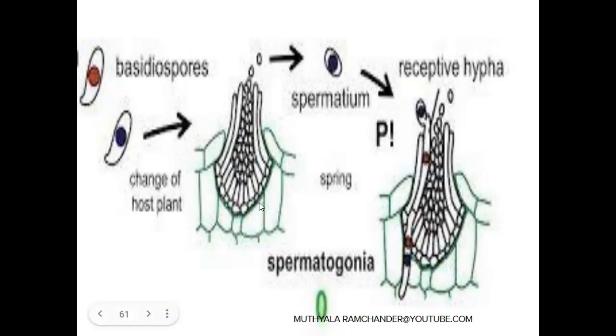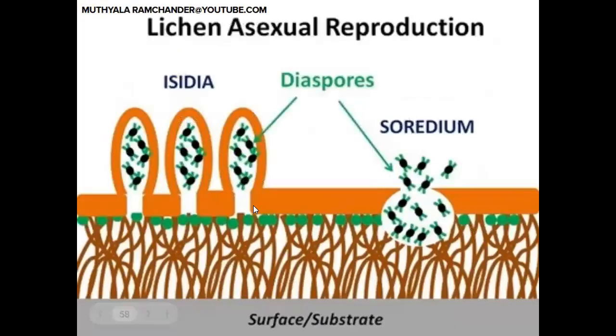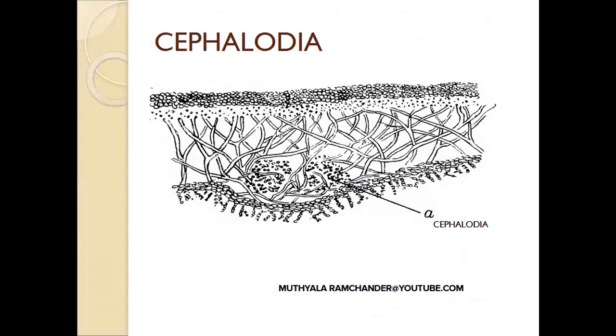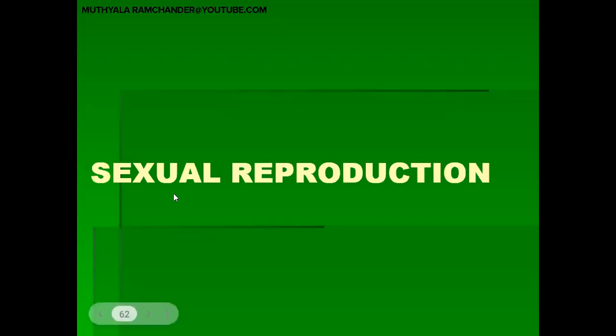These are the asexual reproductions of lichens. What are the asexual reproductive structures here? Isidium, soredium, cephalodium, and pycnium. And the next one is sexual reproduction. Generally, sexual reproduction is done by the fungal hyphae, not by algal spores.